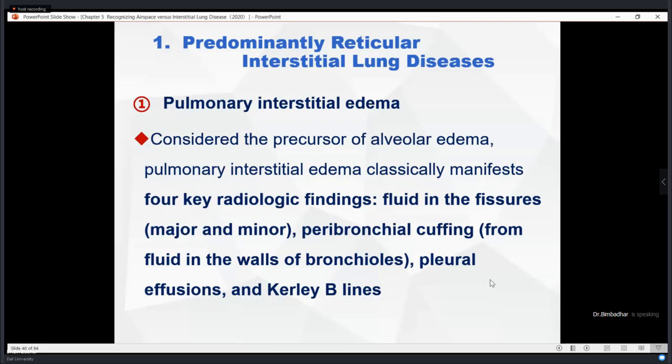I can see something like a reticular pattern. If I am looking at this reticular pattern, it also indicates that the alveoli are still free. Any kind of moderate hypertension people will eventually start developing and progress into alveolar edema later on.